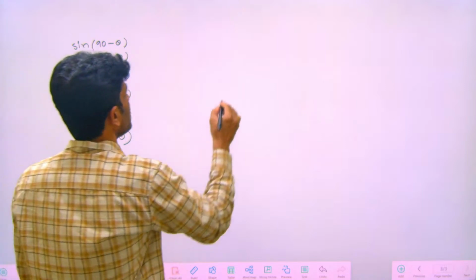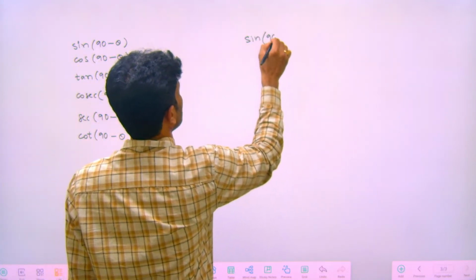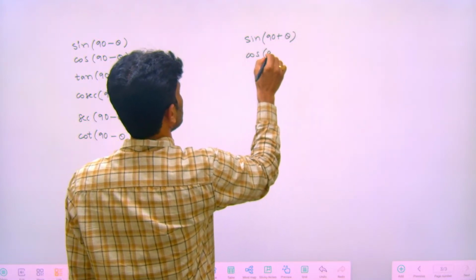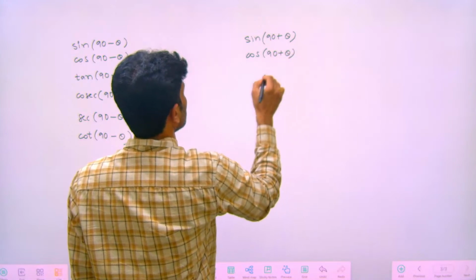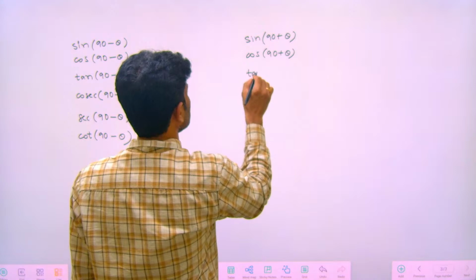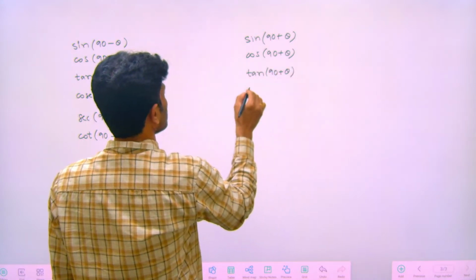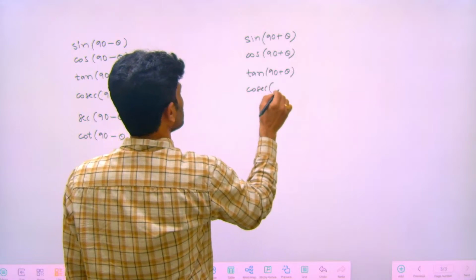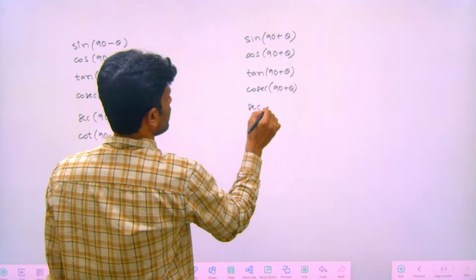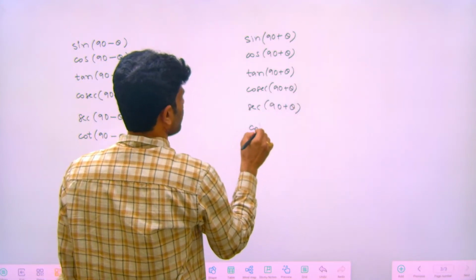Similarly, here I am writing again sin of 90 plus theta, cos of 90 plus theta, tan of 90 plus theta, cosecant of 90 plus theta, secant of 90 plus theta, cot of 90 plus theta.